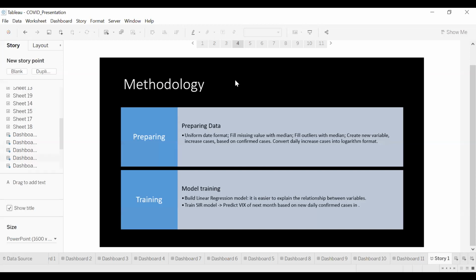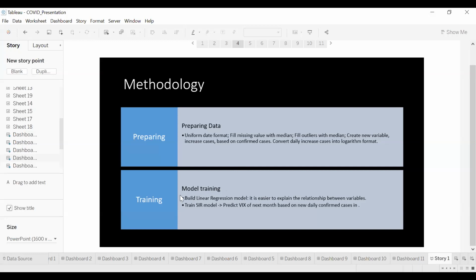The methodology part first is preparing the data. I did the data format uniformation, filled the missing values with median and filled the outliers with median, and created new variables, which is increased cases based on the confirmed cases. I converted the daily increased cases into logarithm format because basically it has a trend, which is not friendly for model training.